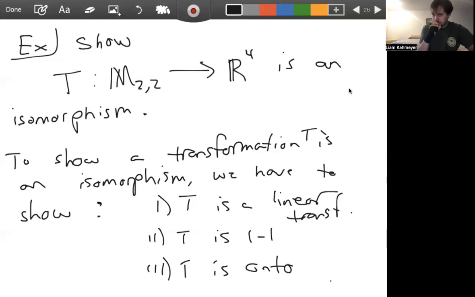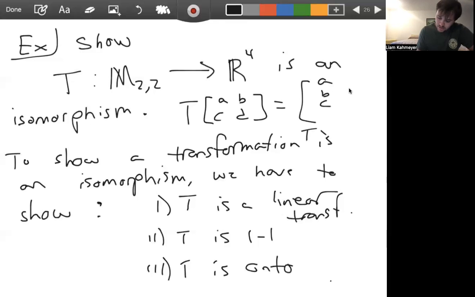So I got a little bit carried away here. Let's describe explicitly what this map is doing. It's taking an element of M22, A, B, C, D, and the output is a vector A, B, C, D, like this, right? So let's prove that this is an isomorphism. Well, first we need to show, is T linear?